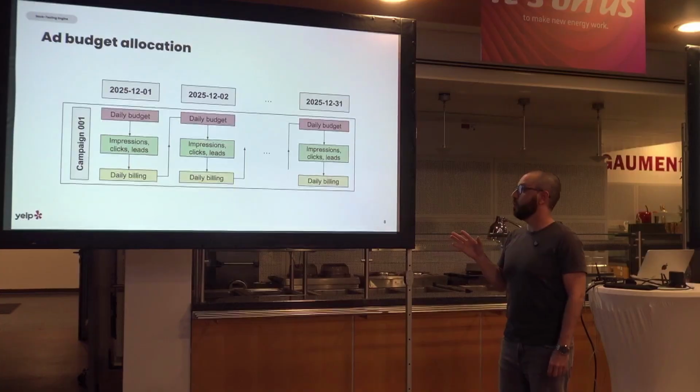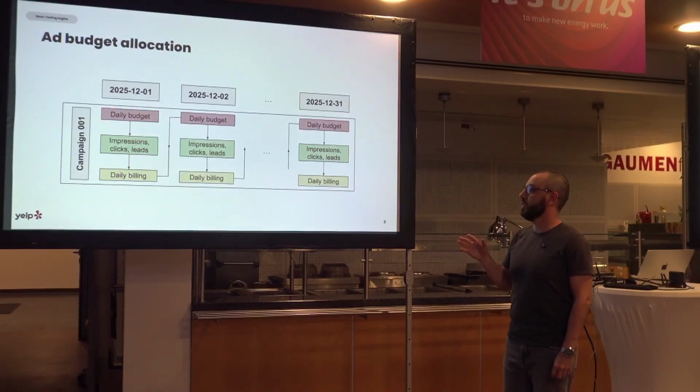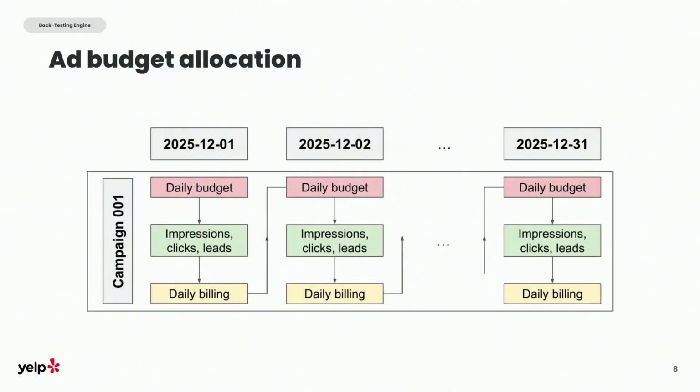As I said, advertisers set a monthly budget, but the way our system actually works is that every day we need to decide a daily budget.